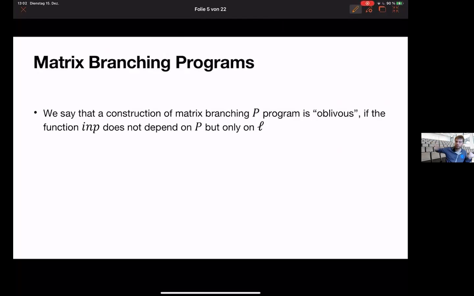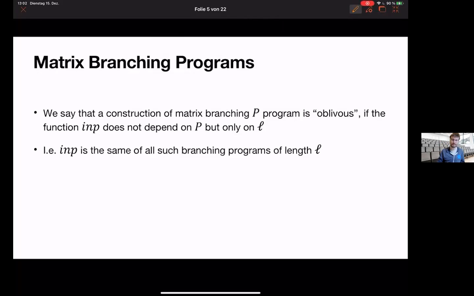It should be like 200 programs that all use the same imp function. Right? And then for such a construction of branching programs, imp doesn't depend on the specific program P that you're computing, but just on its length L, i.e., imp is really the same for all such branching programs of length L.